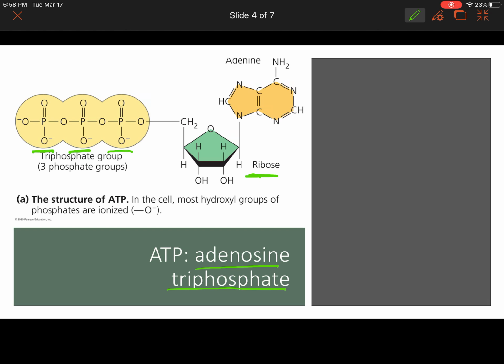All right, so why is ATP a source of energy? Well, it's because of all of the energy that is stored in the bonds that are holding those negative phosphate groups to each other. So you know that like charges repel.